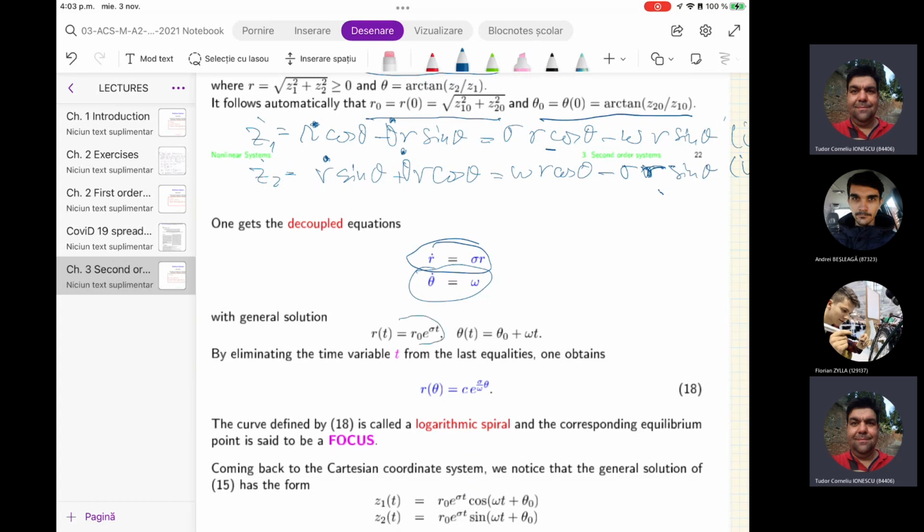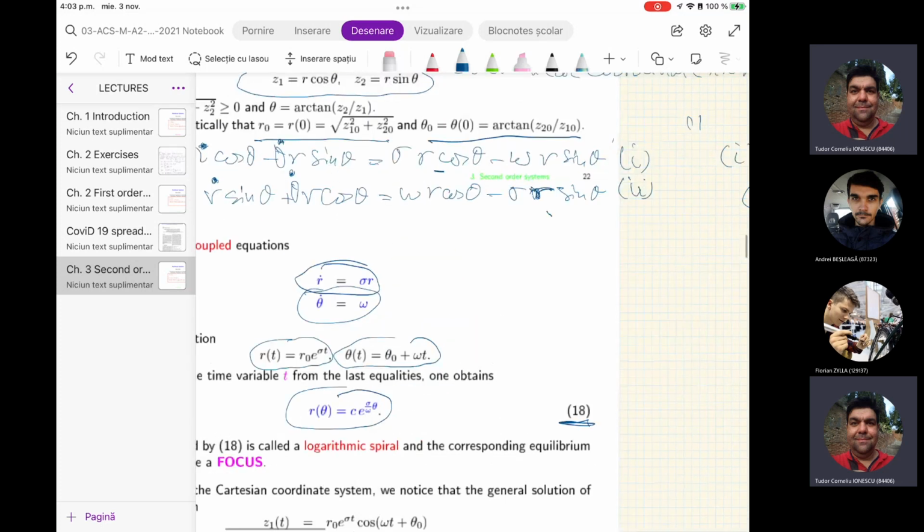This is the solution of the radius r, and note that this is a linear function of time. Eliminating the variable t from these equalities, you get this simple equation number 18.